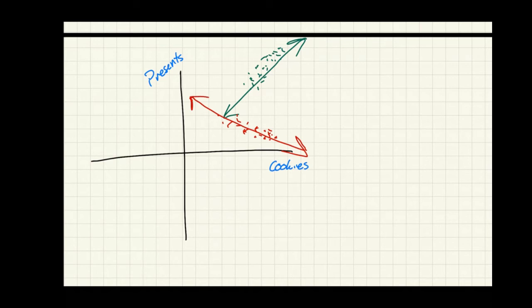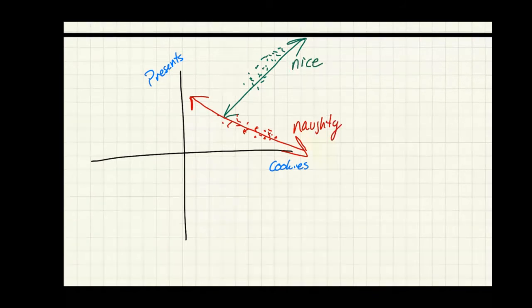If we were to try and fit a line of best fit, you might get some really strange results. You might get something like this, or something like this. It just depends. The issue here is that the variable naughty and nice is confounding the relationship between cookies and presents.